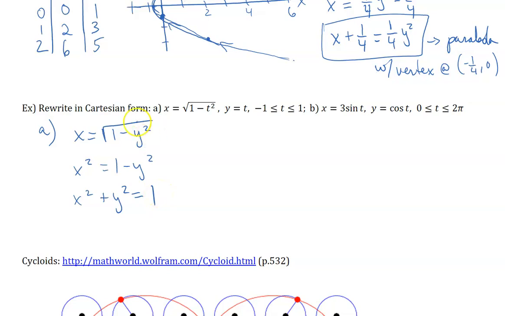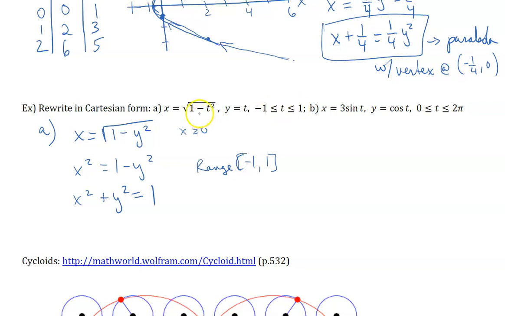Something we need to check though is this may not represent the entire circle. Okay, so based on the way that it's written right here, we know that x has to be greater than or equal to 0. We also can plug the endpoints of the t values in to see what x could be and what y could be. So because y is equal to t, I know that the range of this graph is going to be from negative 1 to positive 1, meaning that y can be both negative and positive.